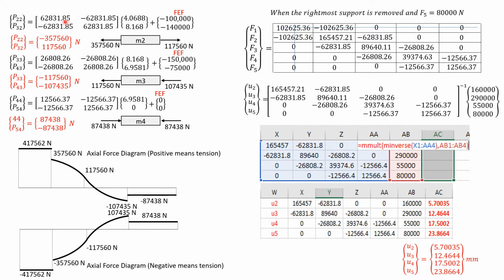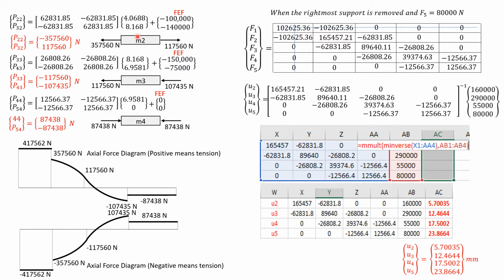So expanding, 62,831.85 times 4.0688 minus 62,831.85 times 8.168 plus negative 100,000, you'll get negative 357,560. And for the second value, negative 62,831.85 times 4.0688 plus 62,831.85 times 8.168 minus 140,000, you'll get 117,560.